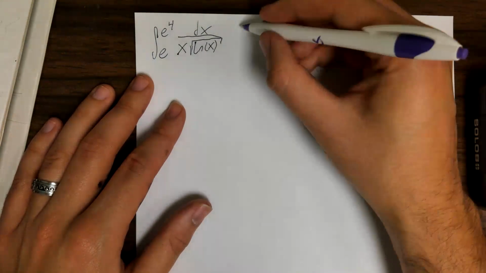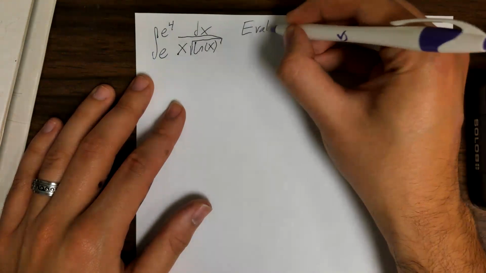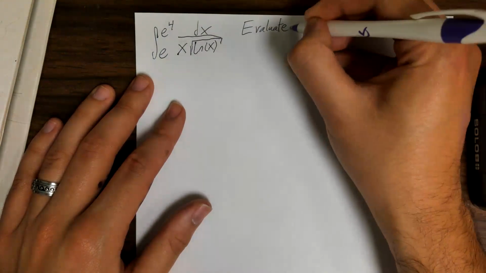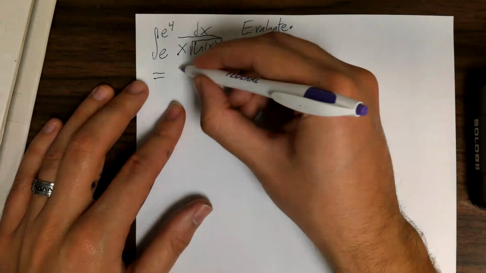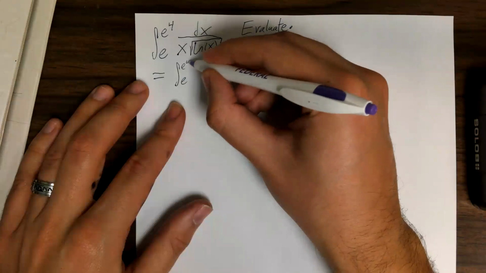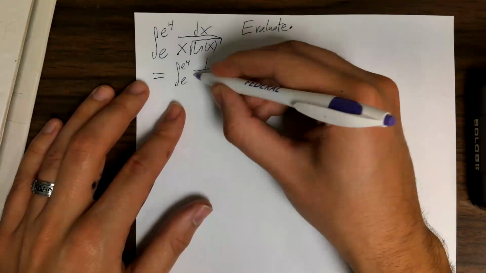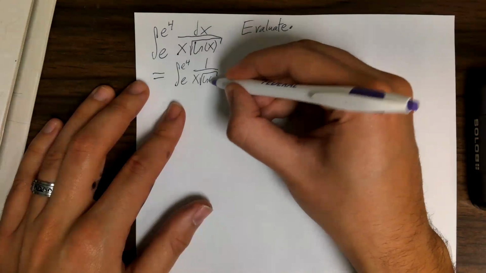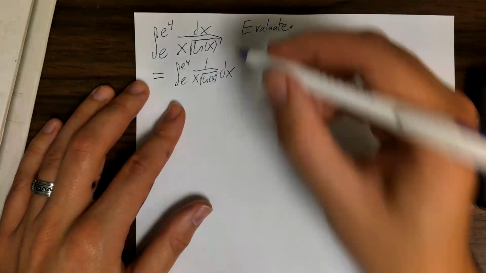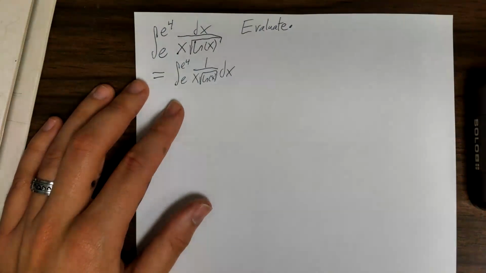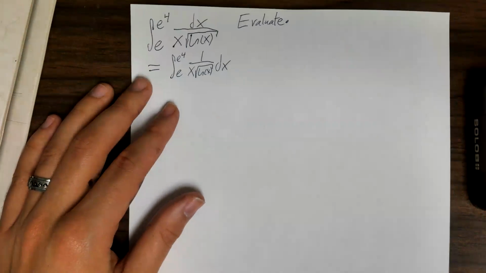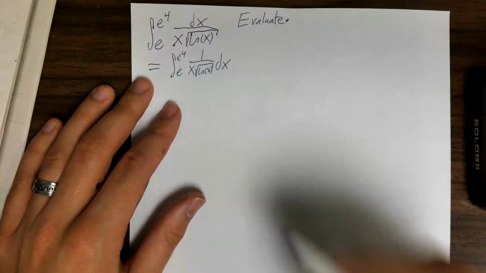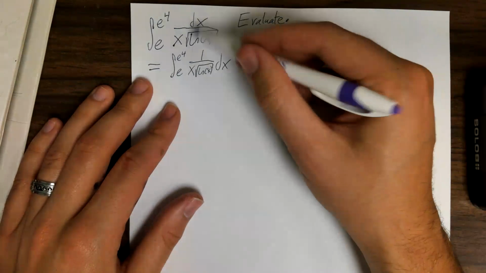For those of you who may be a bit confused on how to think about this, first things first, I'm just going to note that you can always think of this as 1 over x, the square root of ln x dx. If you don't like the dx being on top, you can always just move it to the right. There's nothing wrong with that. So if you read it better like this than this, that's fine.